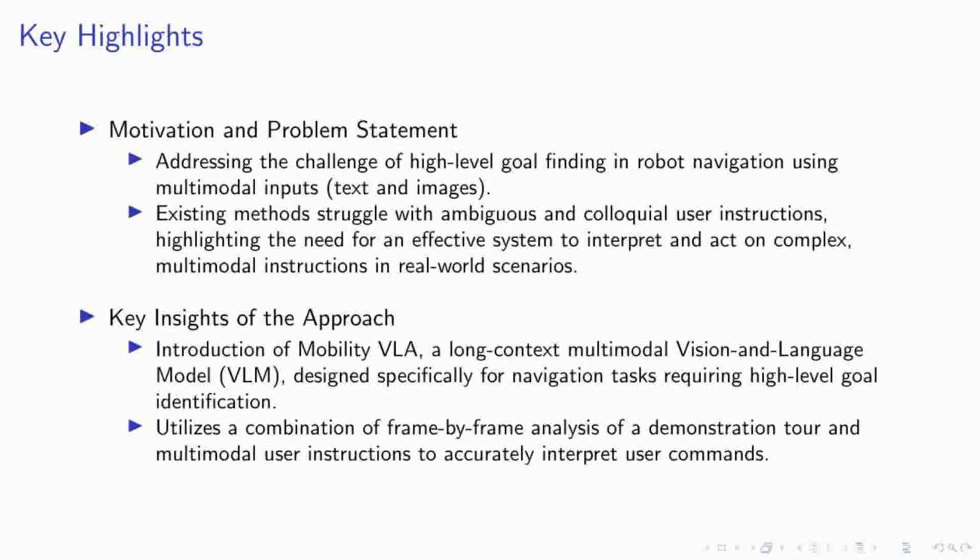To address this, we introduce the Mobility VLA, a pioneering vision and language model tailored for navigation tasks that require discerning high-level goals. This model stands out by integrating a detailed frame-by-frame analysis of a demonstration tour with the user's multimodal instructions. Through this innovative approach, Mobility VLA excels in understanding and executing user commands with remarkable accuracy, setting a new standard in the field of robotic navigation.